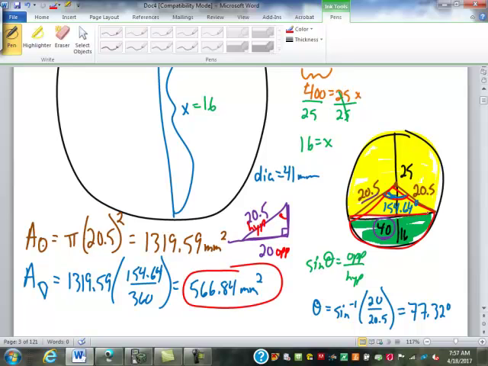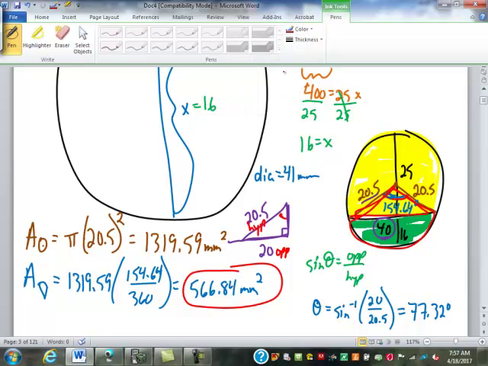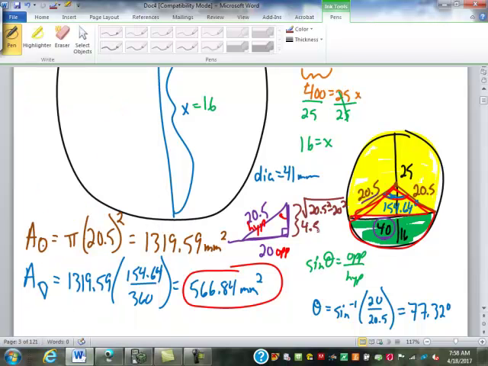Now we need to subtract off the area of this triangle here. To find it, I'm going to need to know that side. That side is going to be the square root of 20.5 squared minus 20 squared. So 4.5 is all that side is.